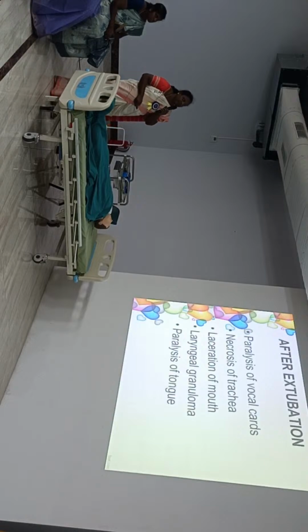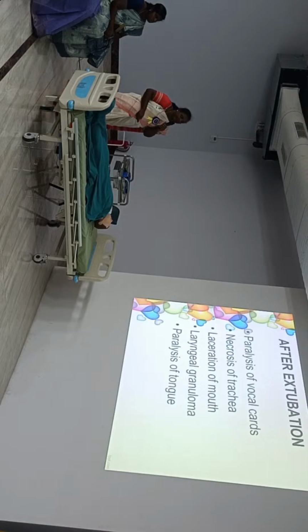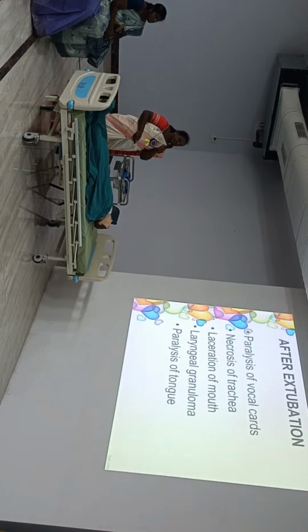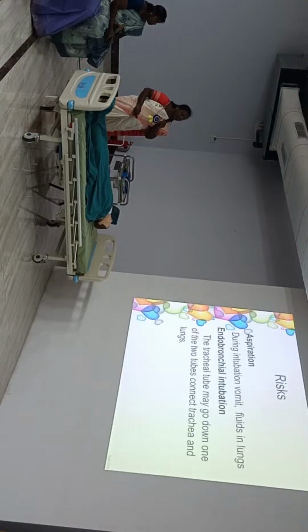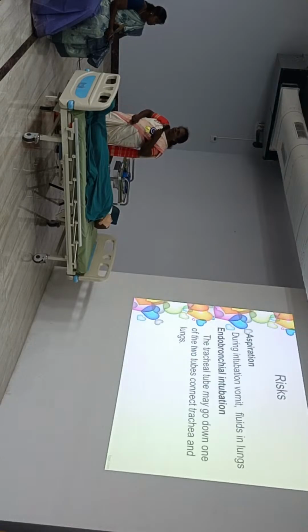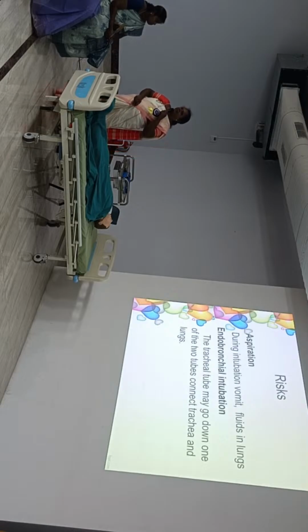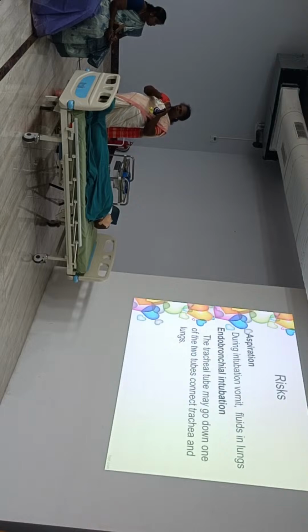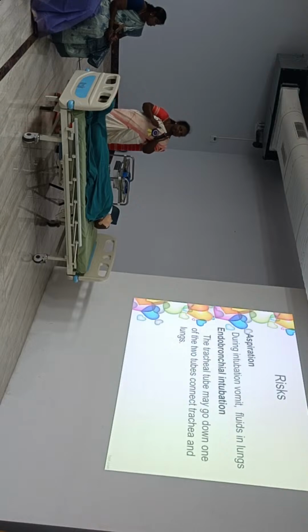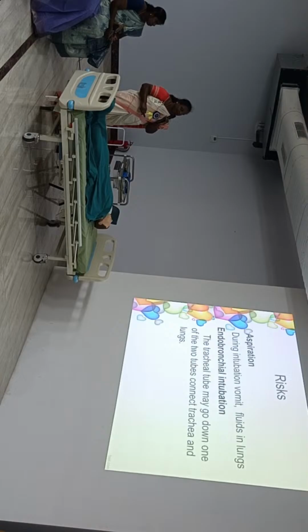Paralysis of vocal cords, necrosis of the trachea, then laceration of mouth, laryngeal granuloma, paralysis of tongue. Then aspiration. What type of aspiration do we expect? Mucosal plugs or mucosal secretions and food particles. These are the common aspiration points we keep in our mind.